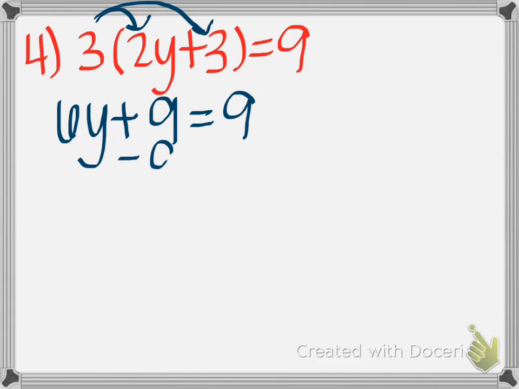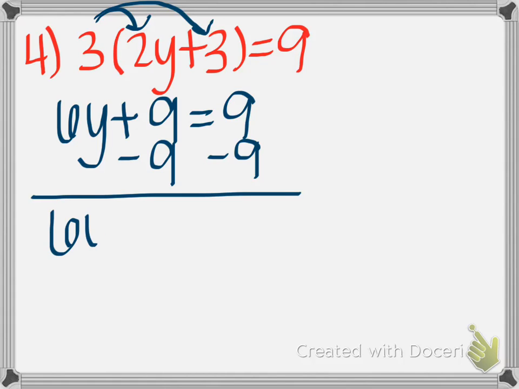So I subtract 9 from both sides, because I want to get my y's alone. So I drop down my 6y. Those 9s cancel, equals 0. Now when you get to this point, I just want you to look at this equation.